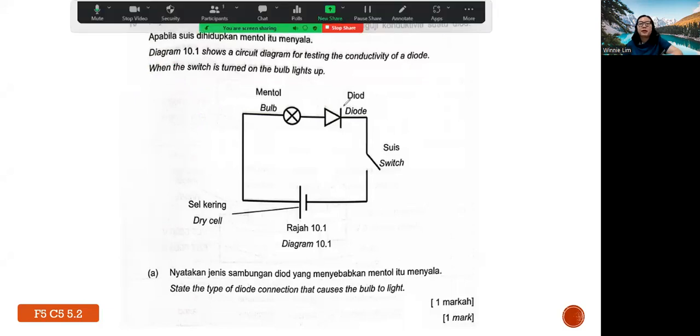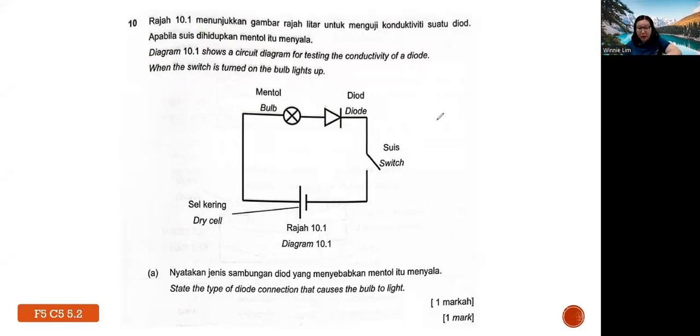For the general concept, this diode is made of 2 types of semiconductor, which we name N-type and P-type. Normally they will draw the shape something like that. N-type has an excess of electrons, but P-type has an excess of what we call holes.